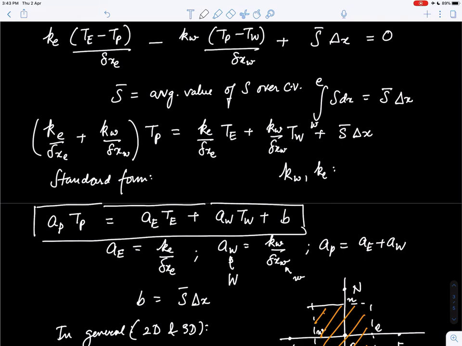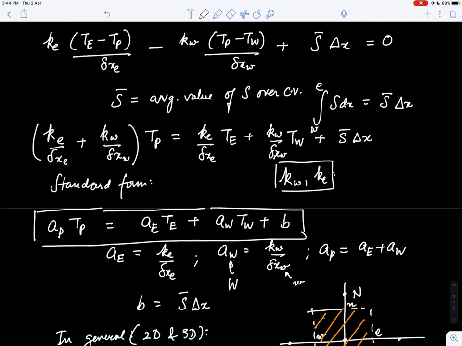But if conductivity depends on temperature, or if it's a material which has some heterogeneity, some sharp change in conductivity, then these have to be very carefully chosen. So we have to have some method of choosing this. How to address this will be discussed in the coming lectures.